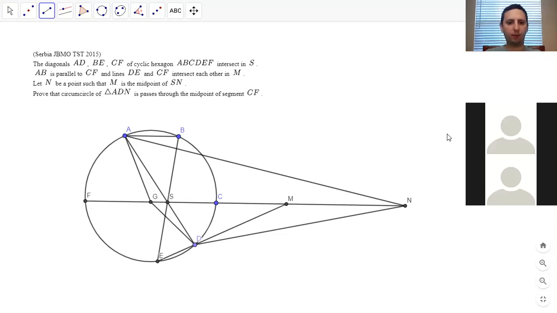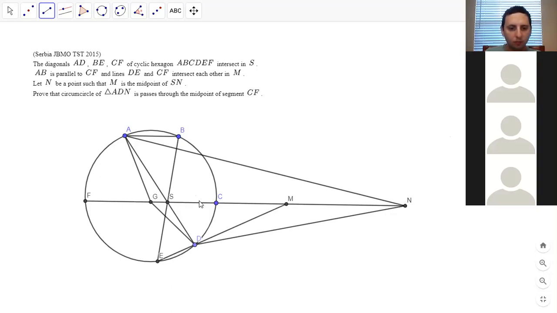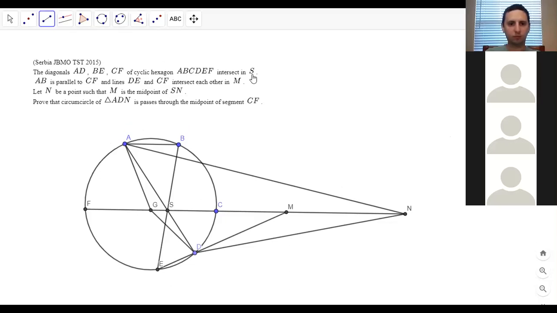Since M is the midpoint of SN, I don't know if there's something we can use with harmonic conjugation. If we could prove that SG times SN is equal to SA times SD, which is equal to SC times SF, then we solve the problem.